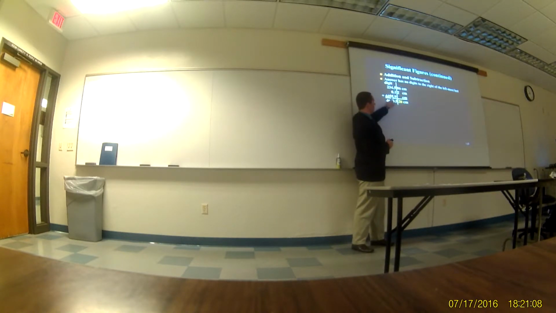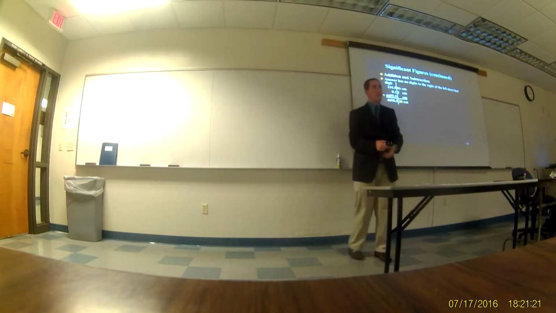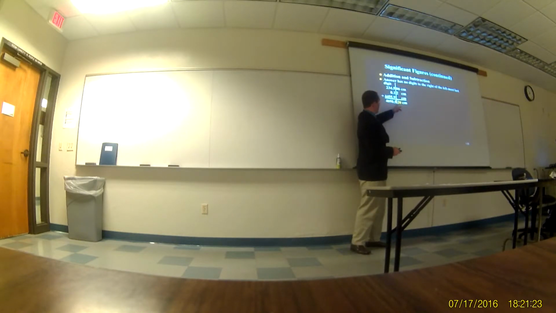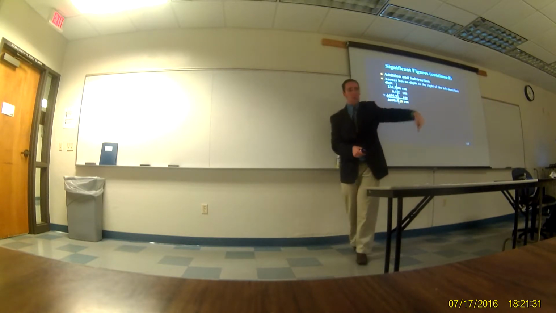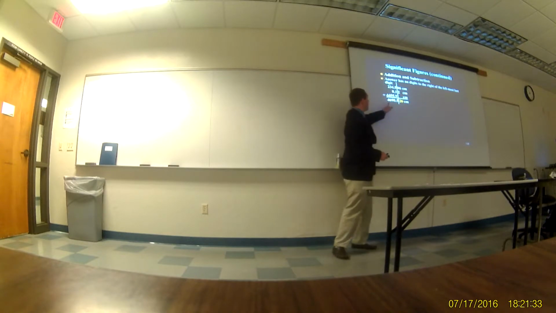In this case, it's this one. That one ends the soonest. And so we draw a line right there. Then we do our addition, just like we would do in first grade. And now we have our line to round over. And so that 2.6, is that going to round down or up? It's going to round down. So the correct answer is 4690.5.